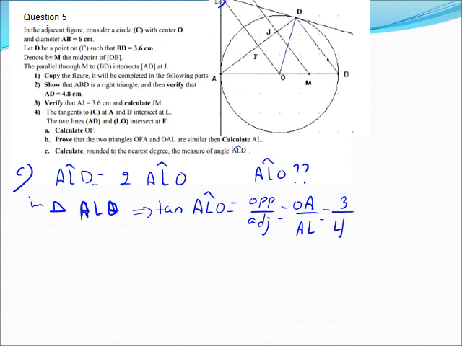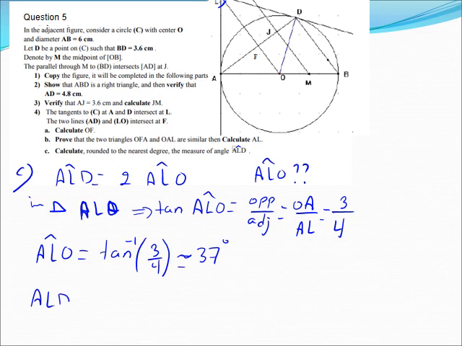So ALO equals tan minus 1 of 3 over 4, which is approximately 37 degrees to the nearest degree. Then ALD equals 2 times ALO equals 2 times 37 equals 74 degrees.